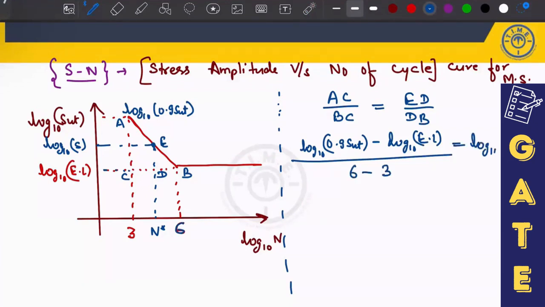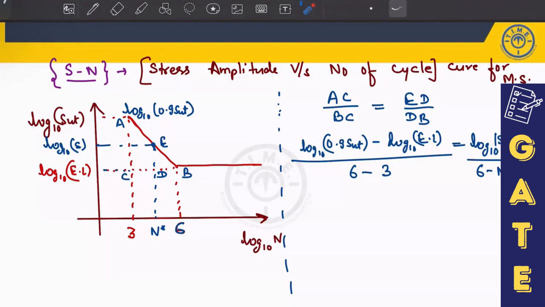Similarly, log of 10 S minus log base 10 endurance limit, divided by 6 minus n star. Now from here, if they have given the strength value, you can calculate n star. If they have given the number of cycles, then you can calculate the strength. In any way they can ask you.